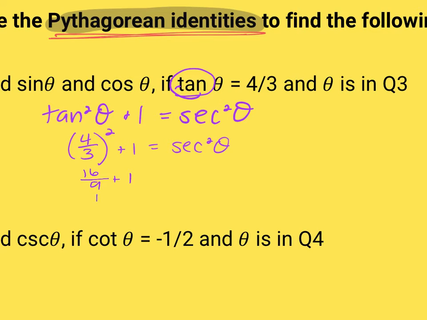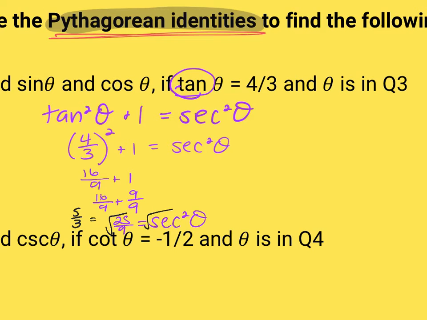Plus 1 becomes 16/9 plus 9/9, or 25/9, and that equals secant squared. So if I want to find secant, what do I do? Square root it. So I would square root both sides, and I'd get 5/3.